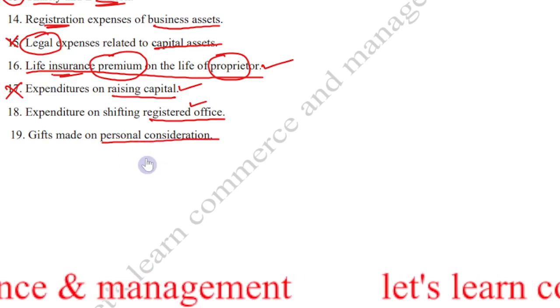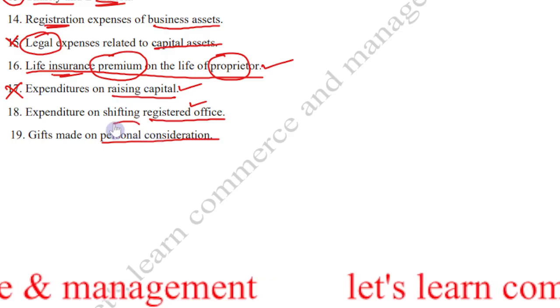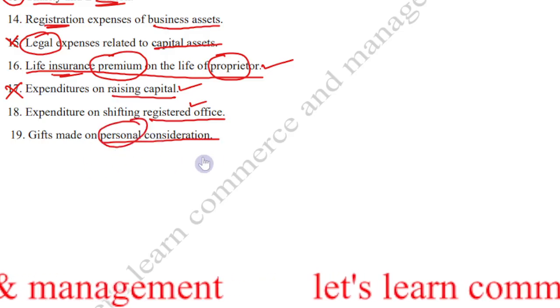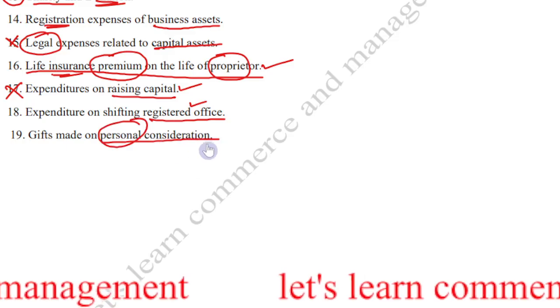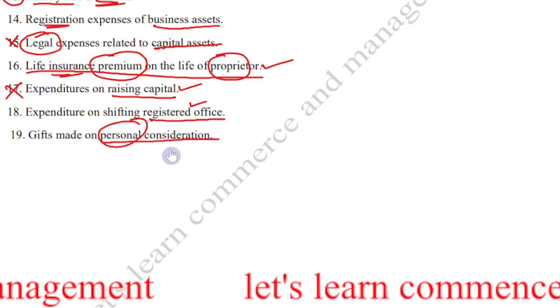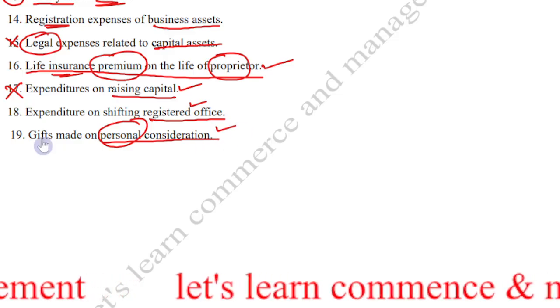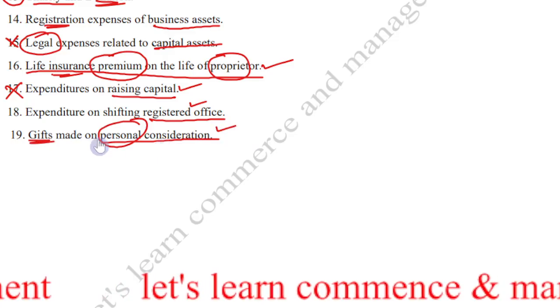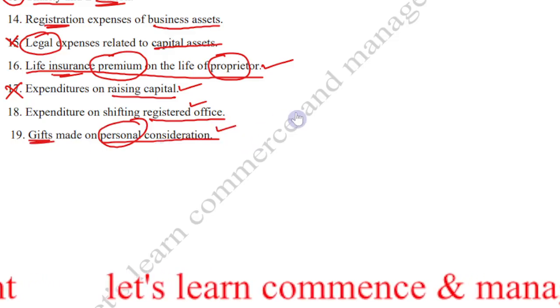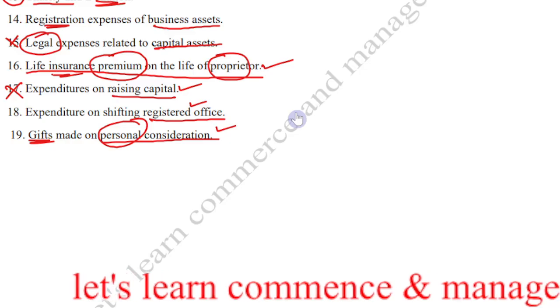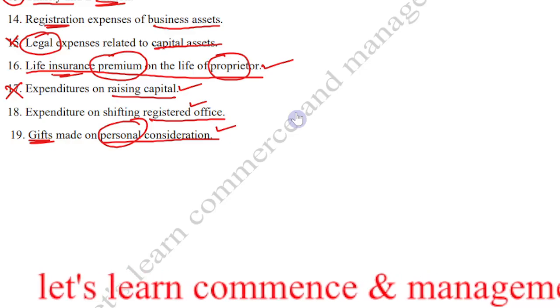Any gifts provided for personal consideration, for the benefit of the proprietor, or maybe for the benefit of the business also, but the gifts provided are not considered as an admissible expense. So these are the admissible and inadmissible expenses under the head business or profession.